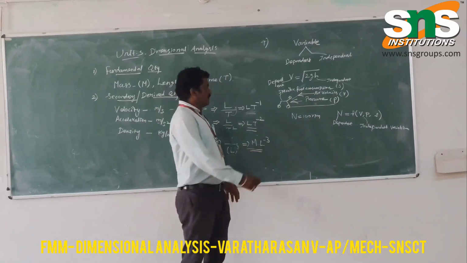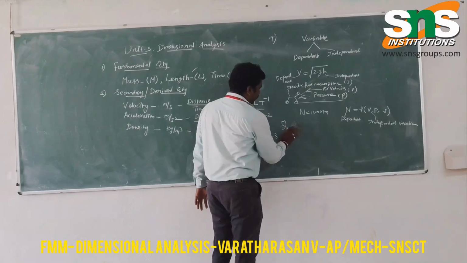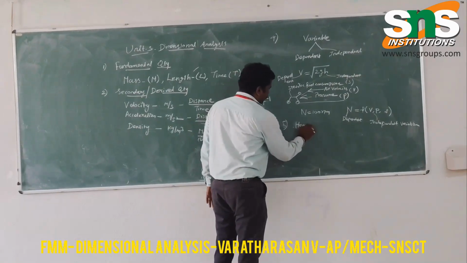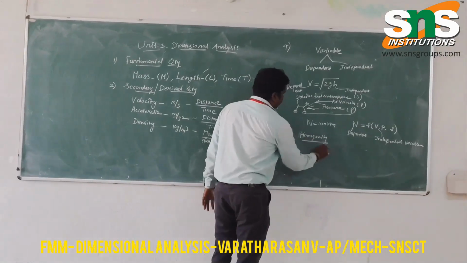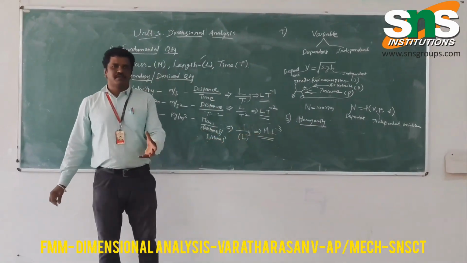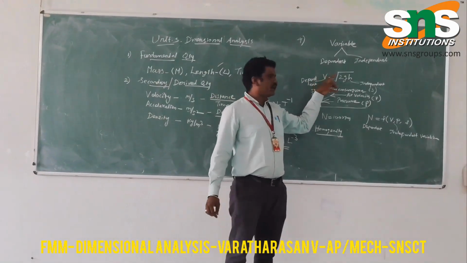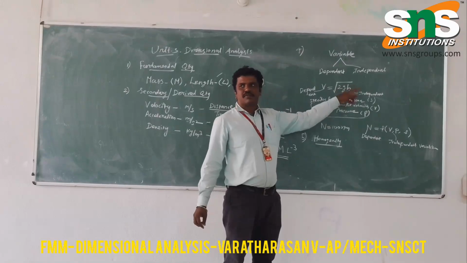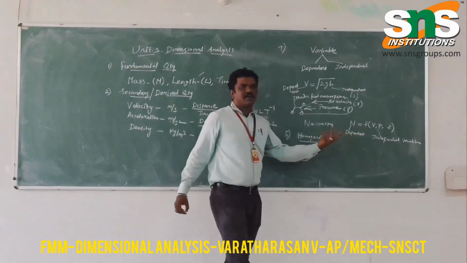After that, we are going to see the homogeneity equation. So what is a homogeneous function? Here we are taking velocity equal to root of 2gh. Am I right? What is the unit of velocity?